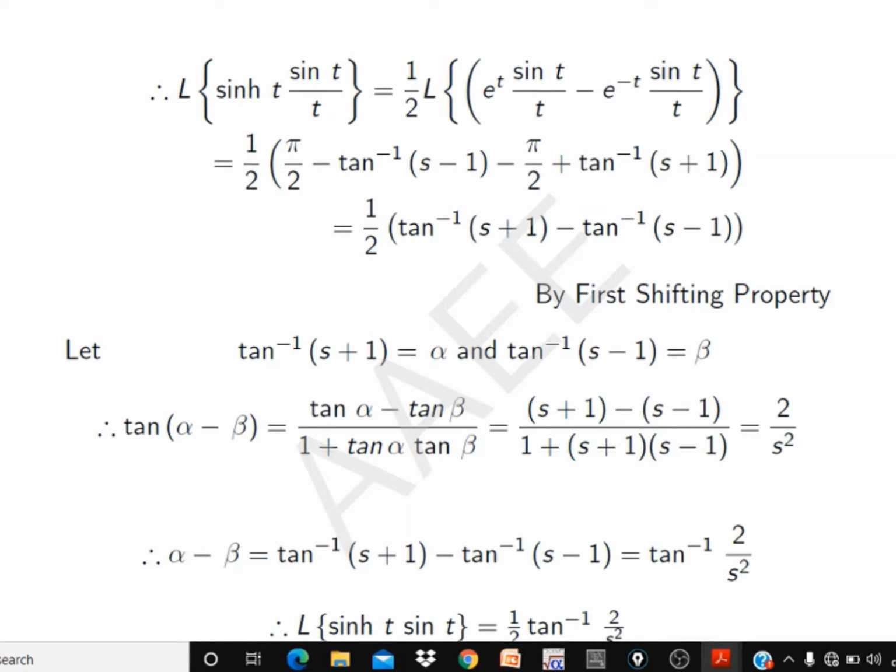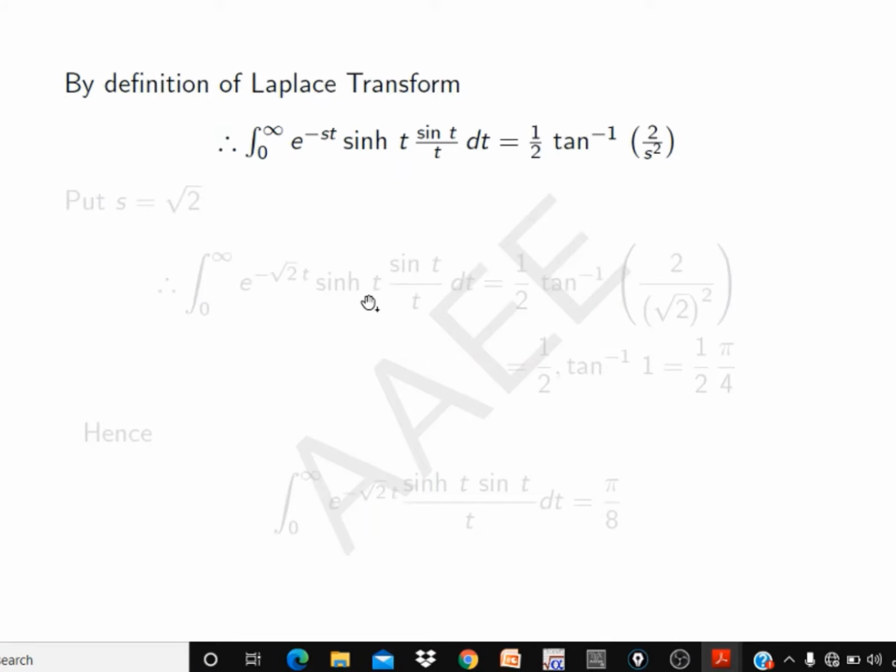So this one will be tan inverse. We want alpha minus beta, that is tan inverse of s plus 1 minus tan inverse of s minus 1. So that will be tan inverse of 2 by s square, and you will put that value here, that is 1 by 2 tan inverse of 2 by s square.